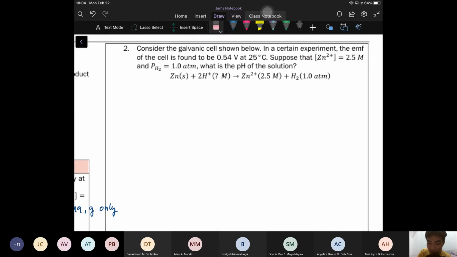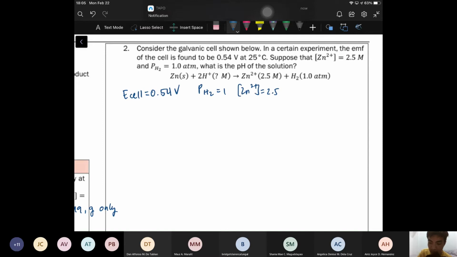So, anyway, sulat natin. Ang E-cell natin, yun yung 0.54. Pressure ng hydrogen gas would be 1 atm. Concentration ng zinc 2 plus will be 2.5. Then hanapin daw natin yung pH ng solution.